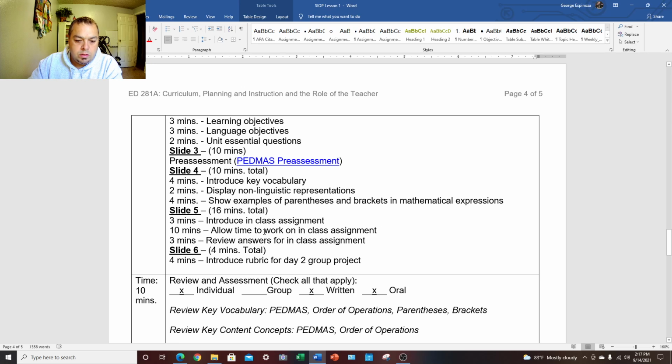In the event that all students did finish the assignment, we would do a 3-minute review of the in-class assignment. If all students did not finish, that 3 minutes would be used to discuss strategies and philosophy in using parentheses and brackets, as well as take any questions that might arise during that time.